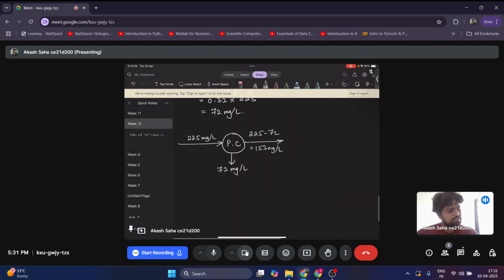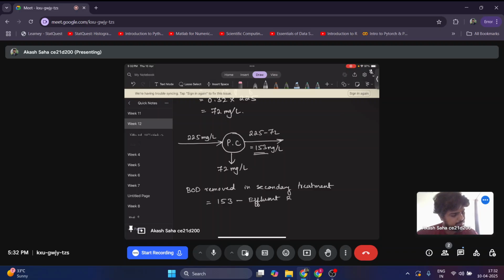Now let us see what is the BOD removed in the secondary system. Out of this 153, some part will be removed in the secondary system. That is the amount coming into the system minus my effluent BOD.